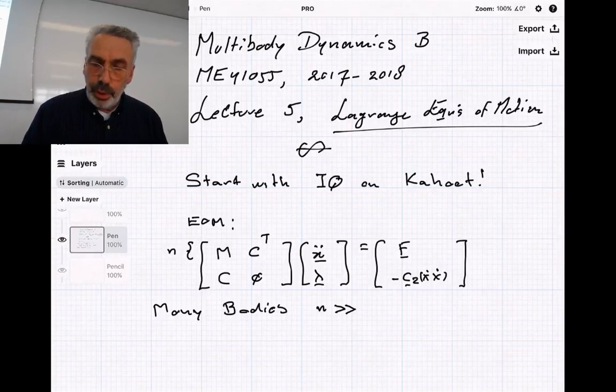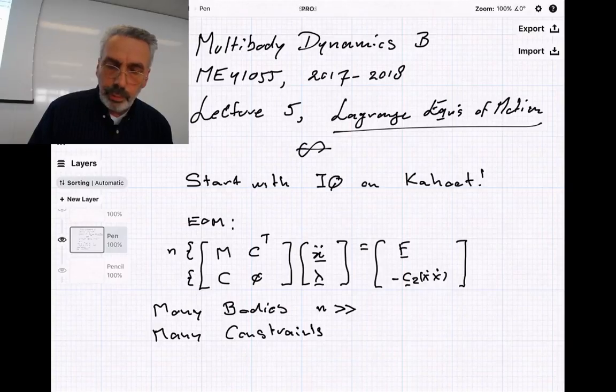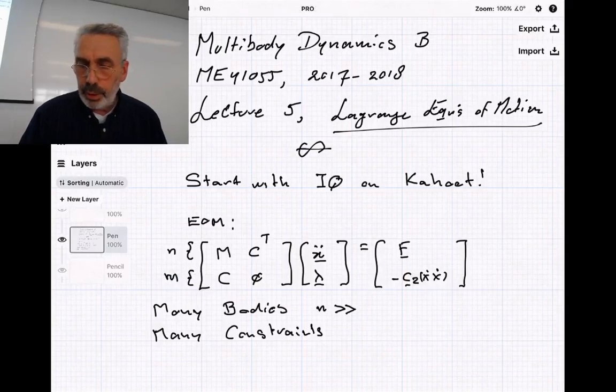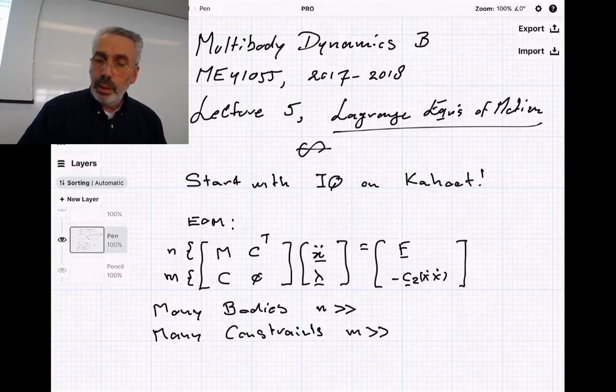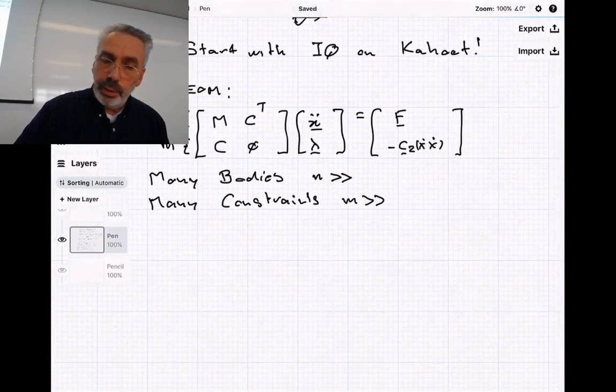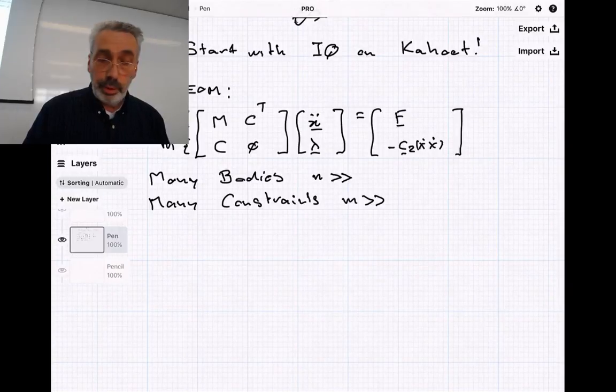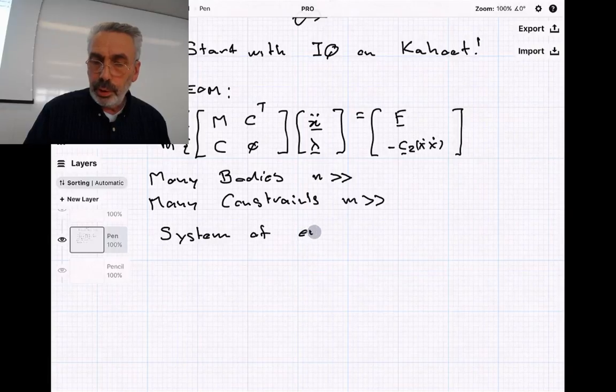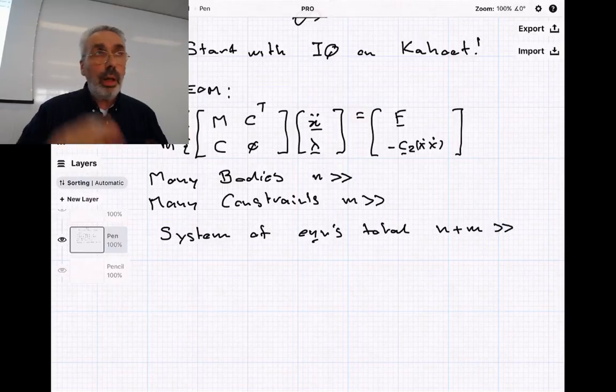But also that you have many constraints, which we indicated by the letter m, so m is also large. That means that the system of equations you then get is also large. So the system of equations, which is in total n plus m, is large.